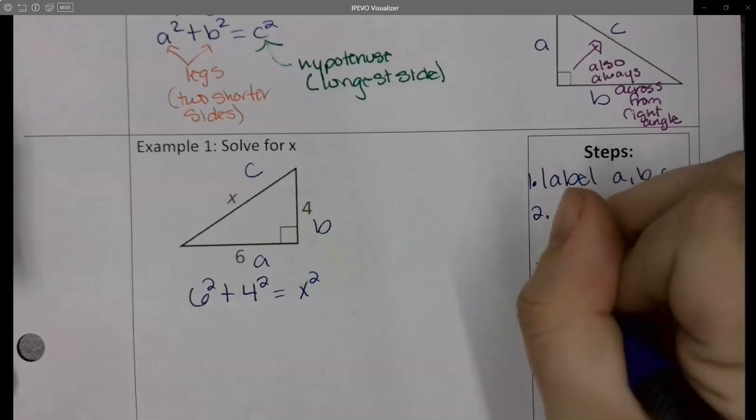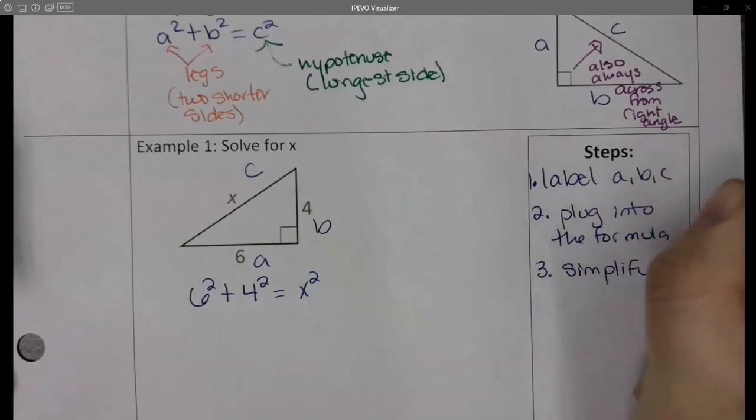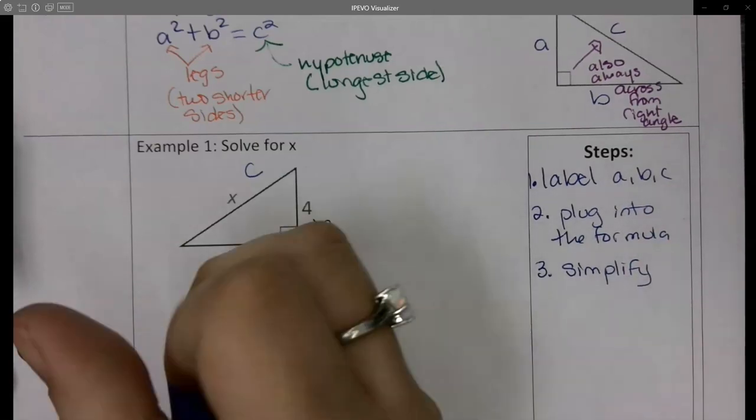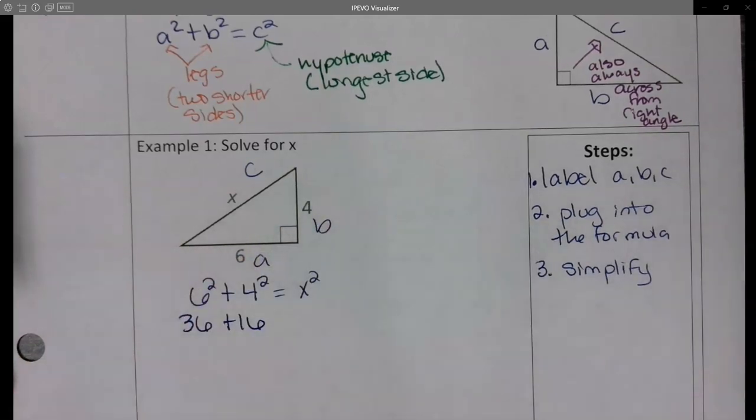Then I want to simplify. So 6 squared is 36. 4 squared is 16. If I didn't remember those, I could always go to Desmos.